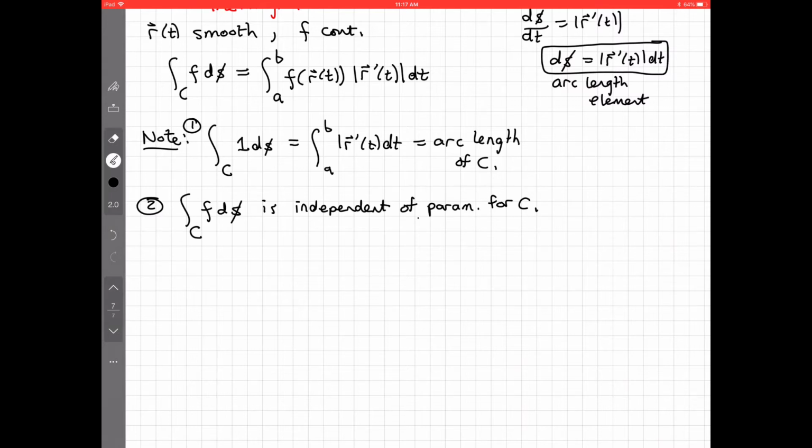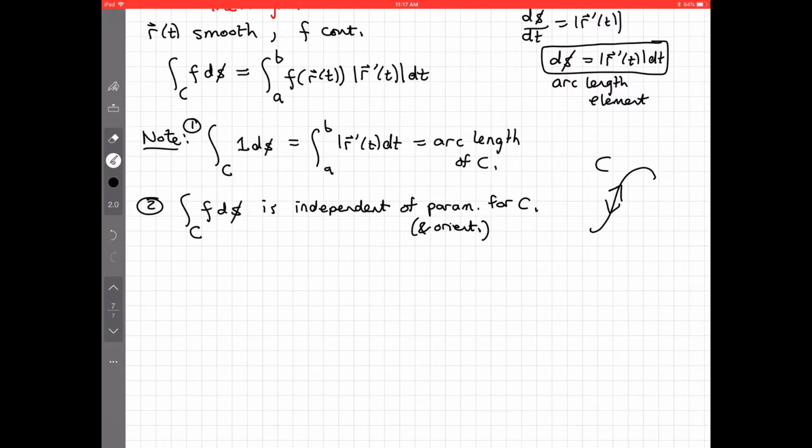In fact, it's not just independent of parameterization, but also of orientation. So it doesn't matter whether you're traveling along your curve one way or another; if you parameterize it going either way, this is going to give you the same answer. By the way, that won't be true of the other type of line integral that we study in the future.